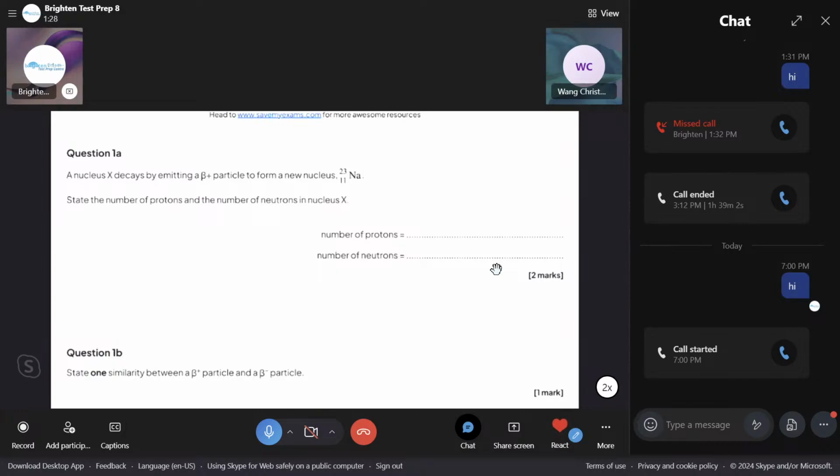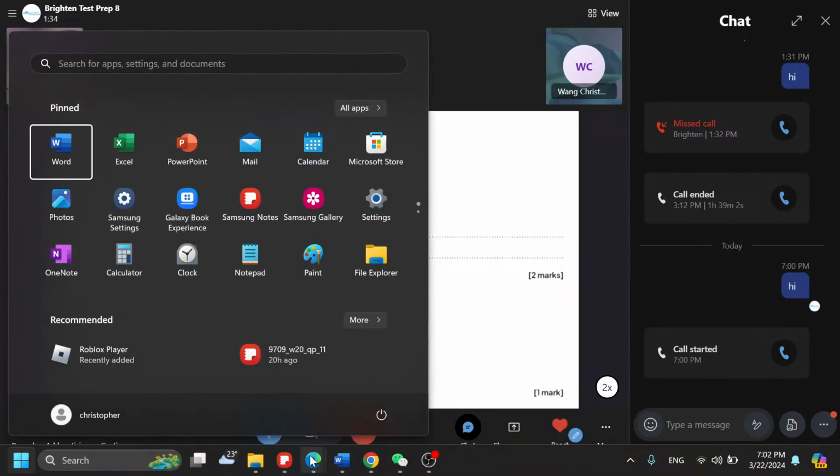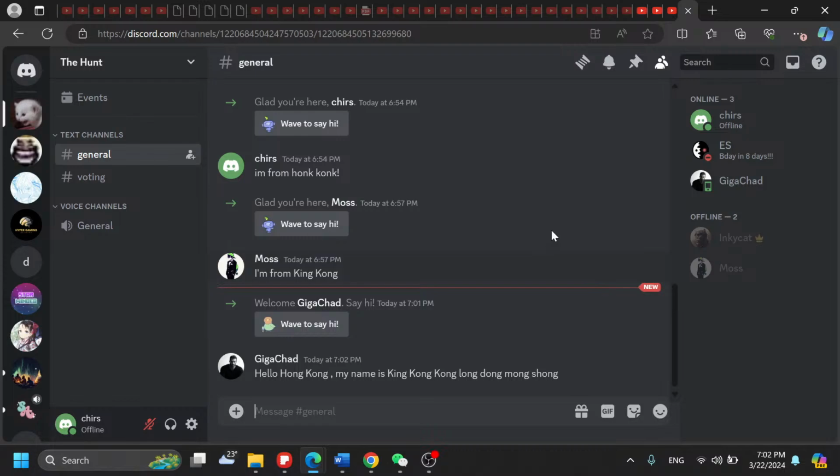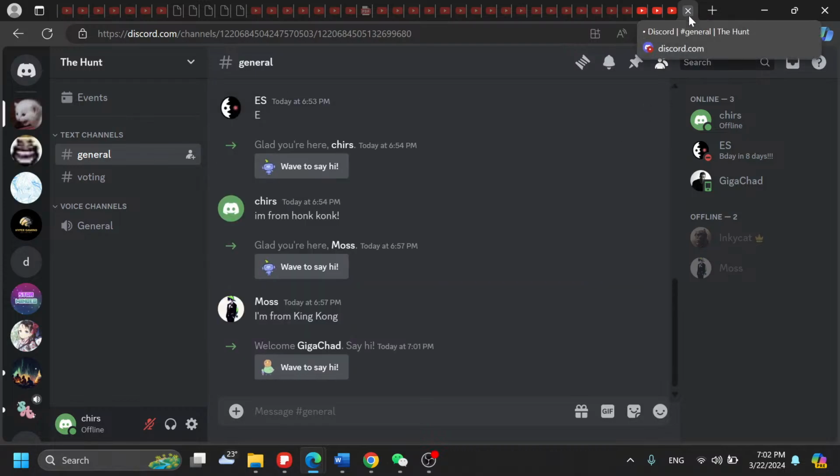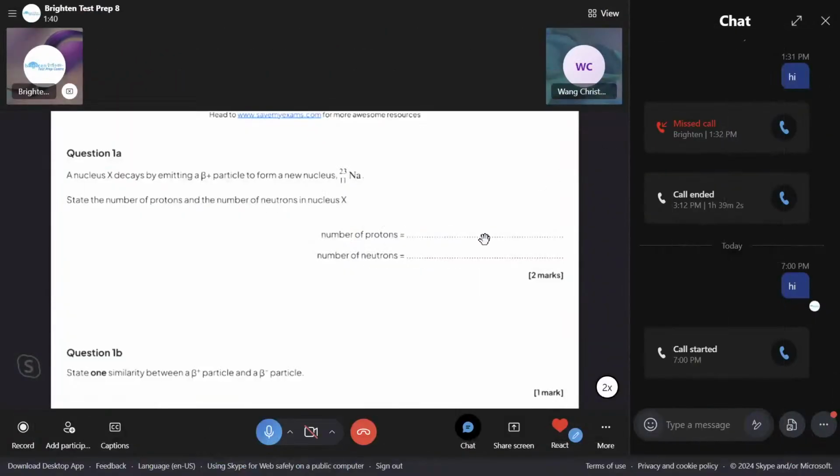It decays by emitting a beta particle, a beta plus, and forms a new nucleus, sodium-23 with 11 protons. When we look into the equation, what you quite often have to do is state the number of protons and the number of neutrons in nucleus X.